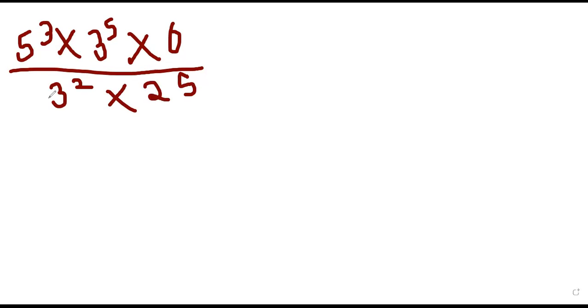Now what are the large numbers here? 25, correct? And 6, correct. Now everything cannot be simplified.